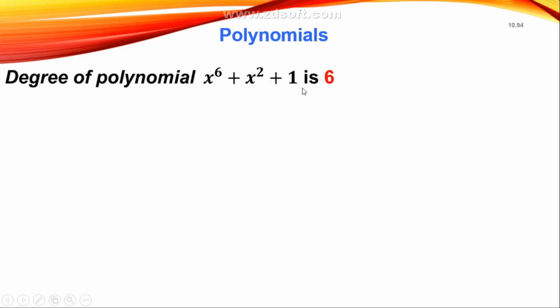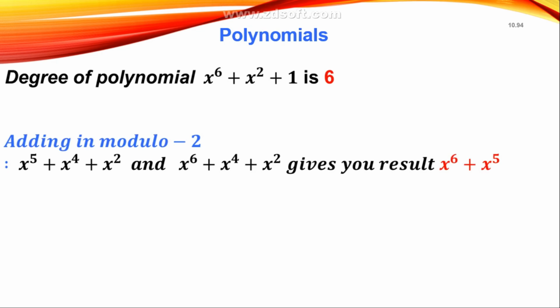If you are asked what is the degree of the polynomial, it is nothing but the highest power in the polynomial. And remember that the degree of the polynomial is always less than the number of bits in the pattern. So it is 6 over here.